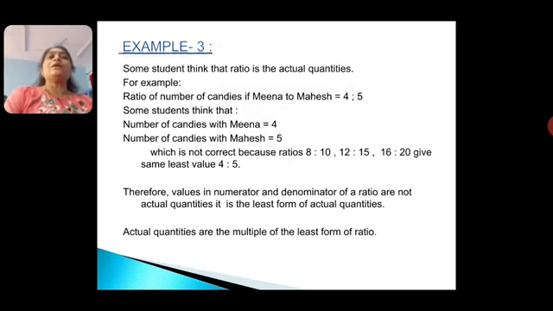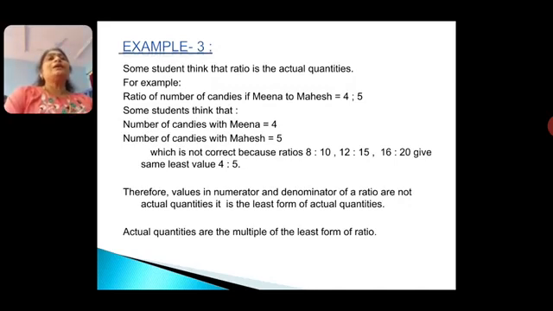Now example 3. Some students think that ratio is the actual quantities. For example, ratio of number of candies of Meena to Mahesh is 4:5.